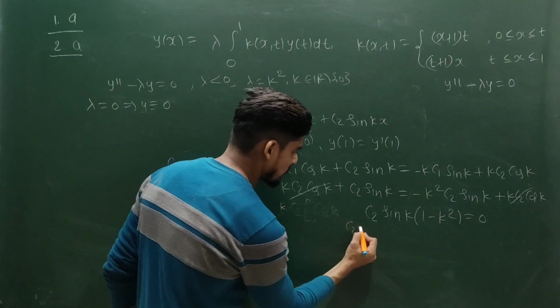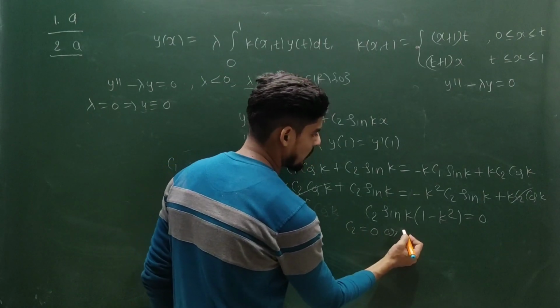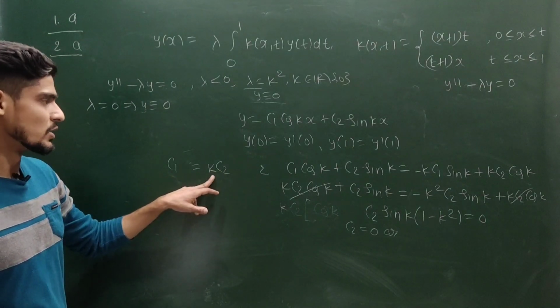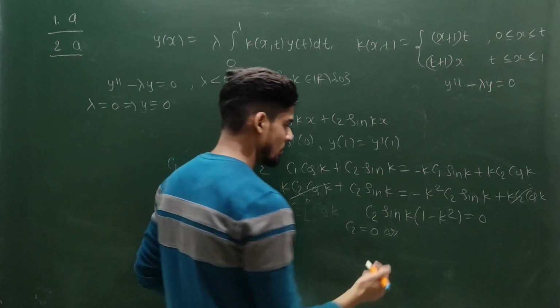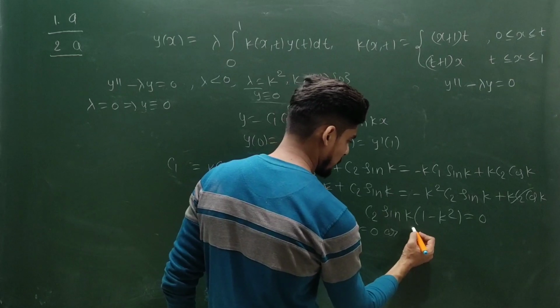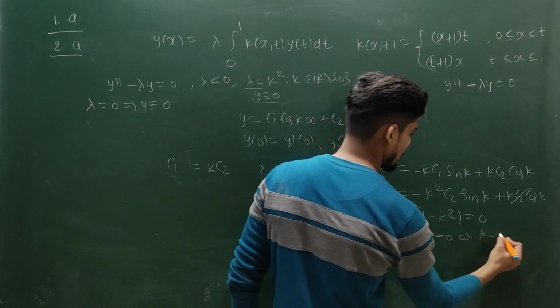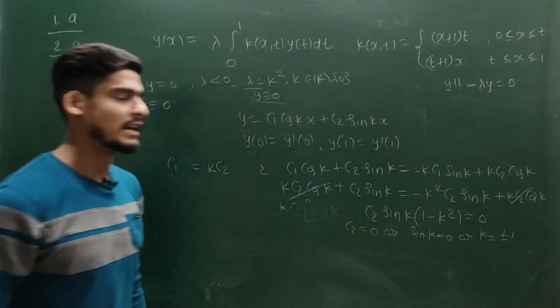Here either your c2 is 0, or see, if your c2 is 0, your C1 is also 0 because k is a non-zero real number. So if C2 is 0, then your C1 will be 0, or sin k will be 0, or k is equal to plus minus 1 if I am not committing any calculation mistake.